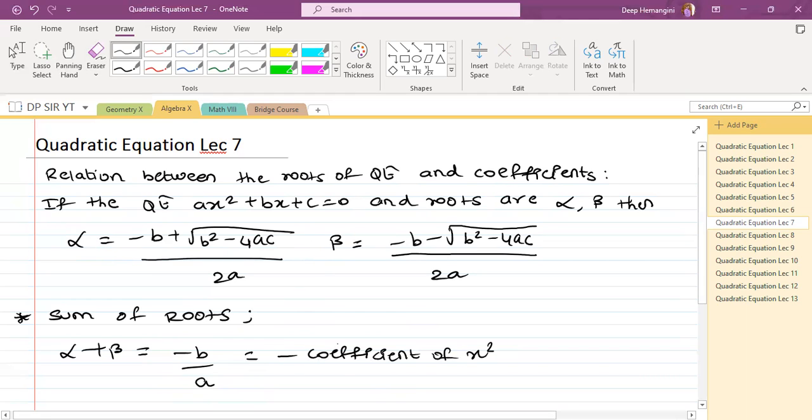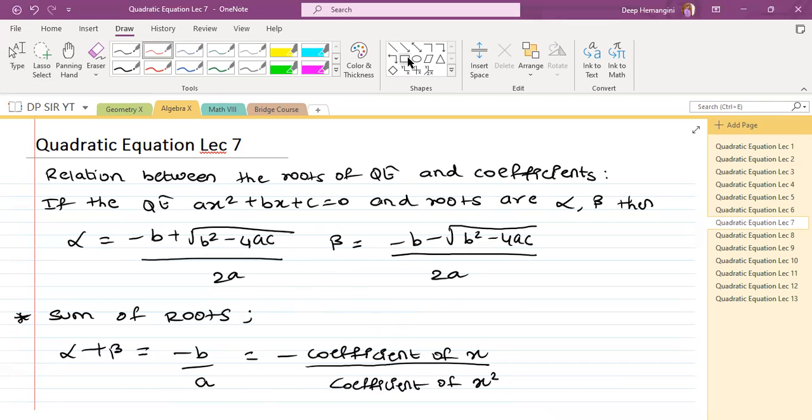So this is the sum of the roots, which you should remember.